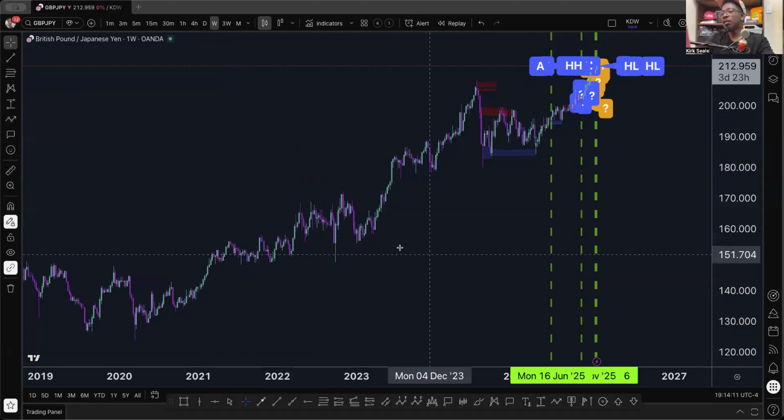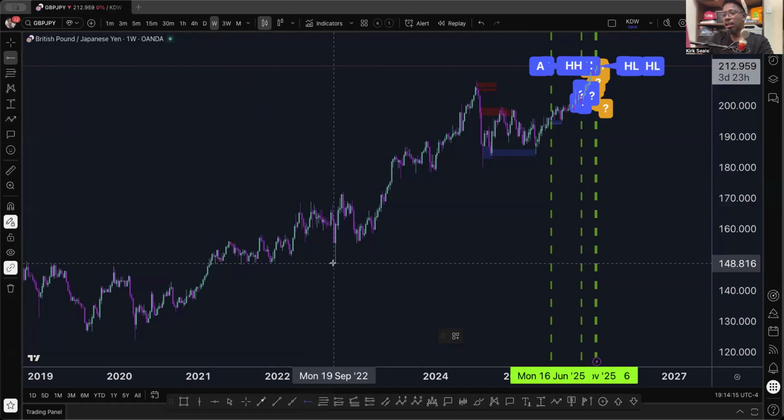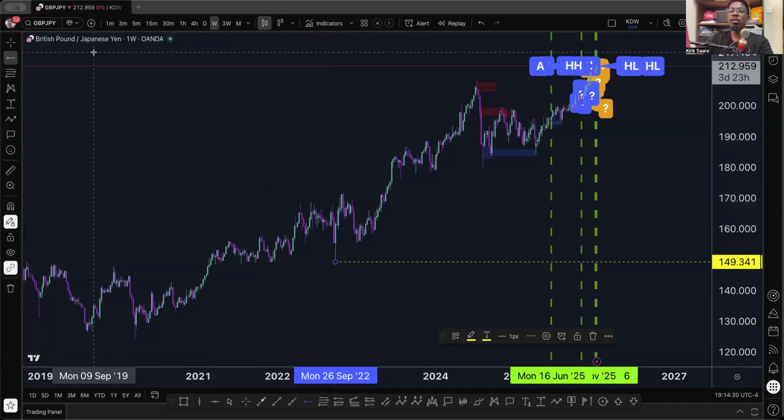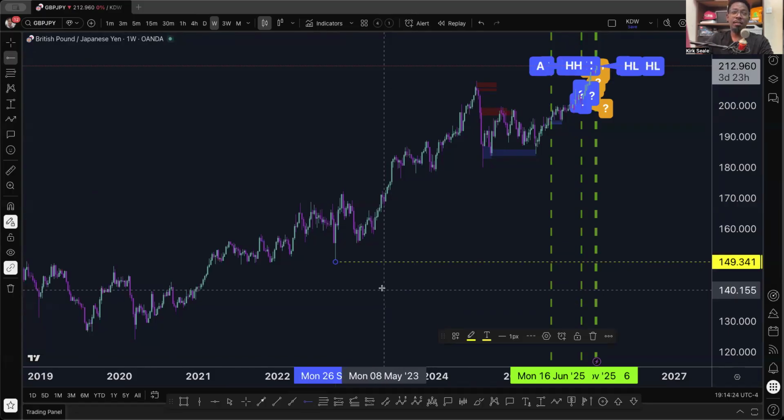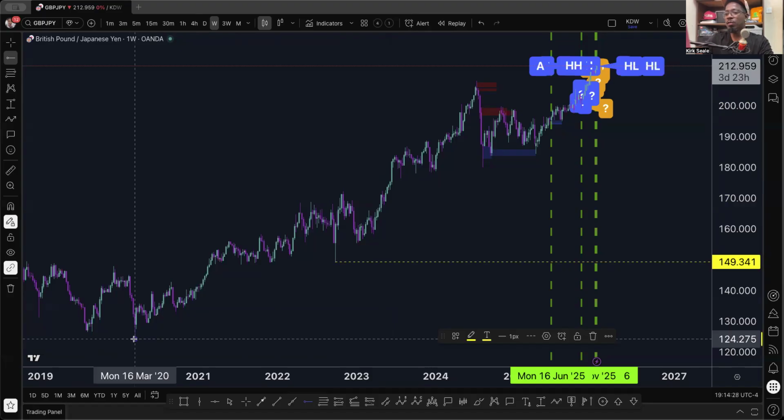So what this chart tells us is that on the 19th of September 2022, for 1 pound you would have gotten 149 yen. Back on the 16th of March 2020, you would have gotten 124 yen. And today, like I said, you get 212 yen.